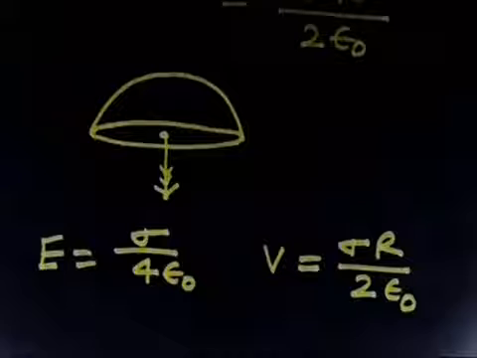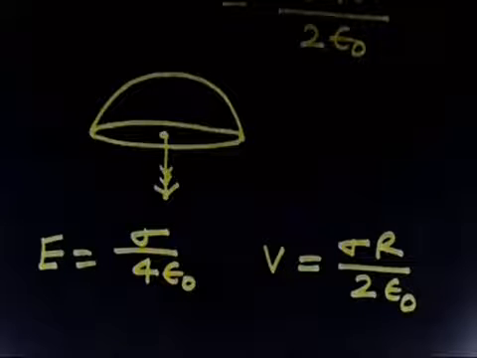Any charge in the ring is always situated at a distance R, because this is a hemisphere. So the center of the hemisphere will always be at a distance R from any point on the ring I take. So this is simply dq by 4 pi epsilon R, where R is the capital R, the radius of the hemisphere. And if I take the dq value and integrate, we will get the same potential. We'll discuss the next problem.